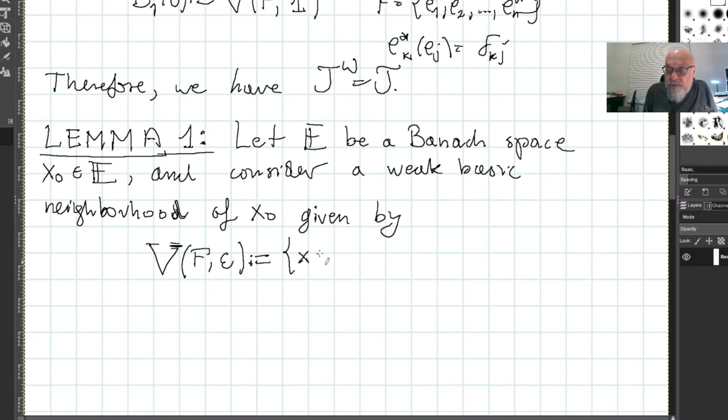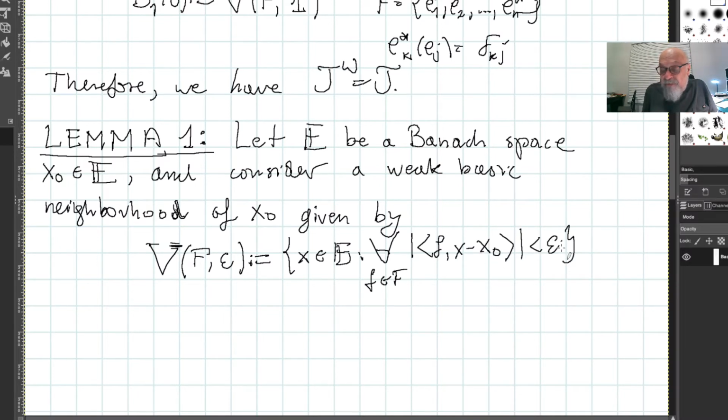This is the set of all x belonging to E such that for every f belonging to F, we have |f(x minus x0)| smaller than epsilon.